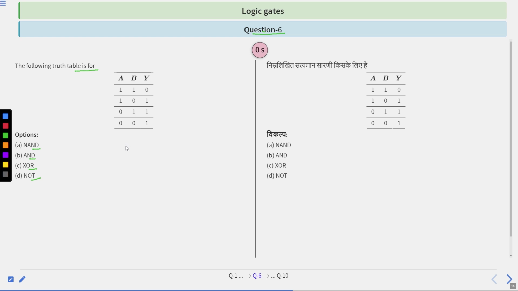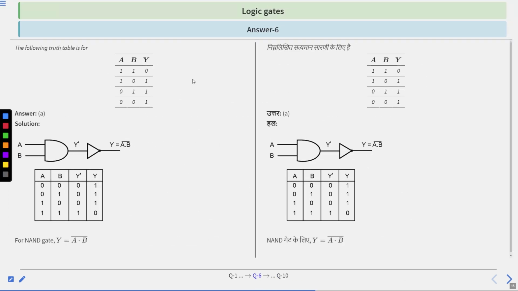Let's find a solution. Here we use two gates. First is the AND gate, second is the NOT gate. Clear? Y prime is the output of the AND gate, and Y is the output of the NOT gate.